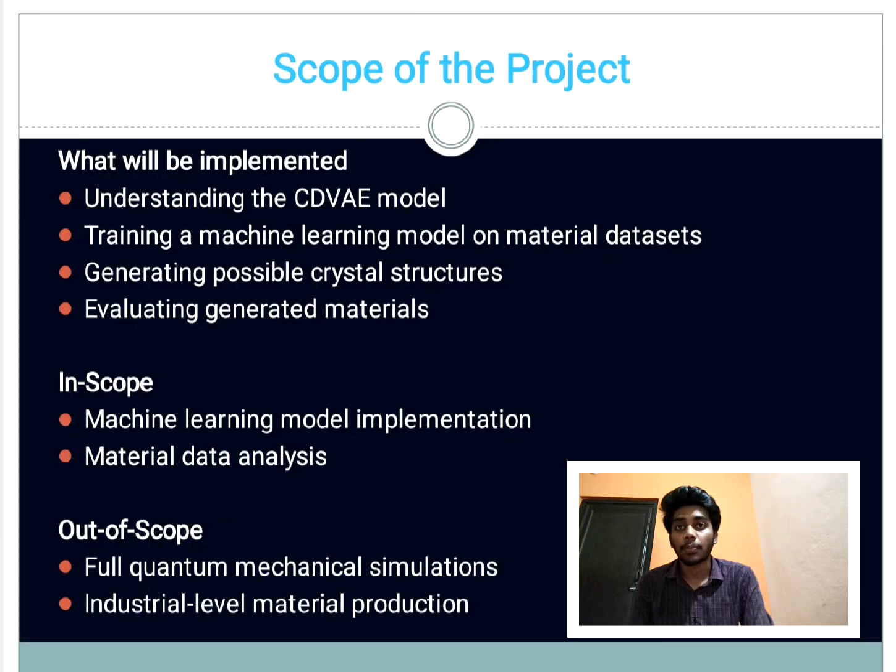This step is important because high quality data helps improve the accuracy of the generated crystal structures. Our project also explores how AI models can generate multiple possible crystal structures which can later be tested by researchers for stability and usefulness. Through this project, we aim to understand how machine learning techniques can support scientific research in material science.